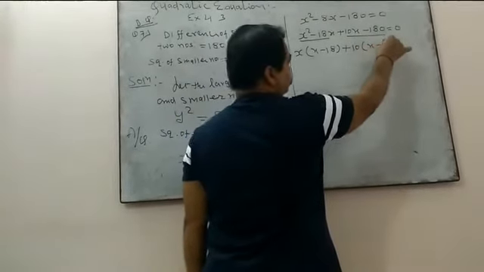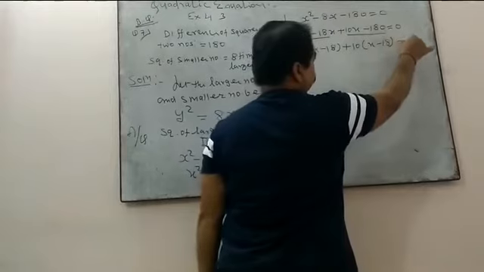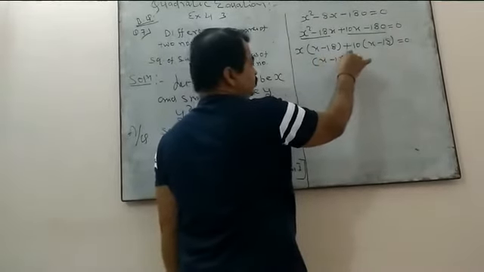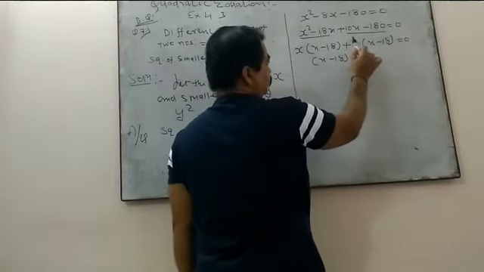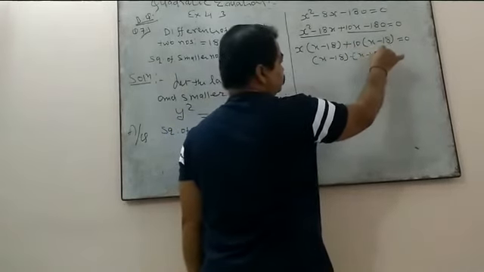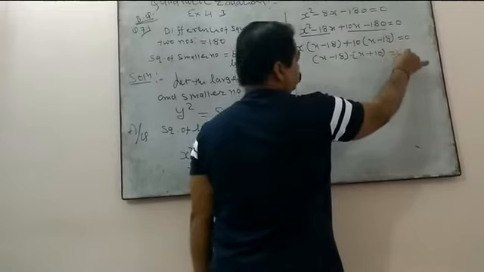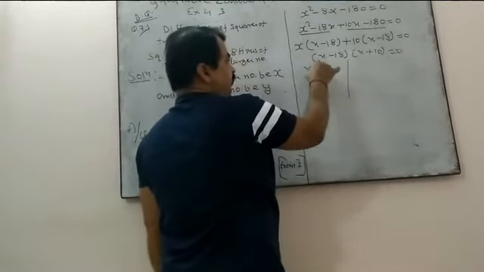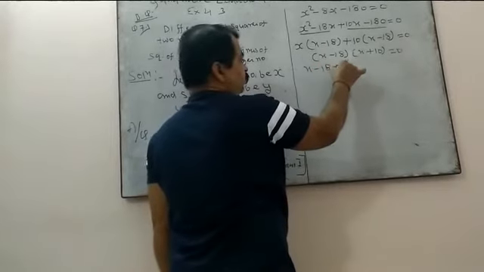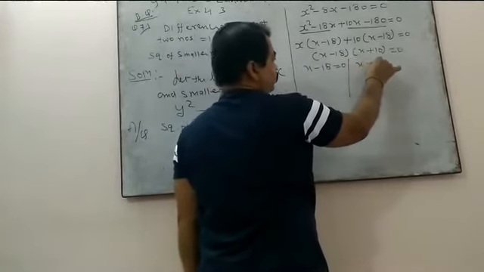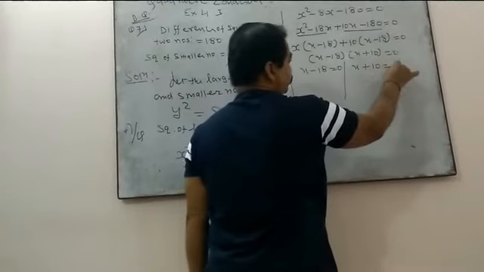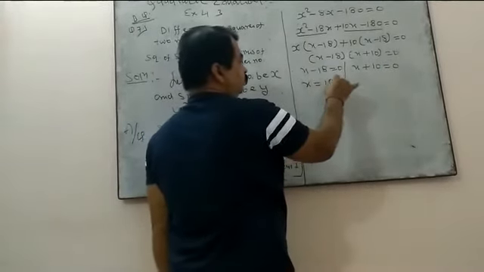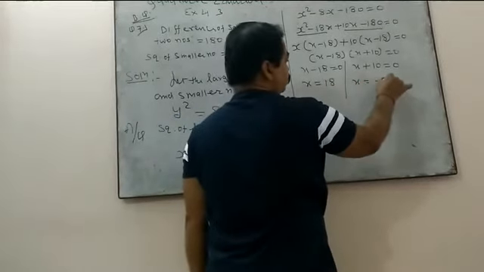So we get x minus 18 equal to 0. So one bracket x minus 18 and another bracket you will get x plus 10 equal to 0. Now see, here we got the 2 factors. So each factor you will set equal to 0. So x minus 18, x plus 10 equal to 0. Therefore x equal to 18 and x equal to minus 10.